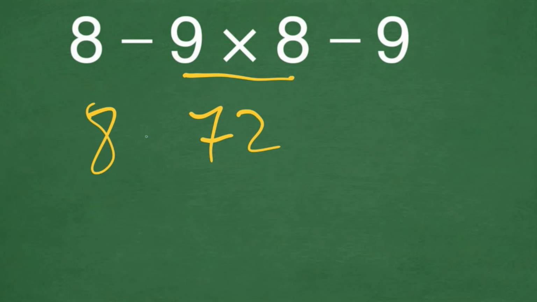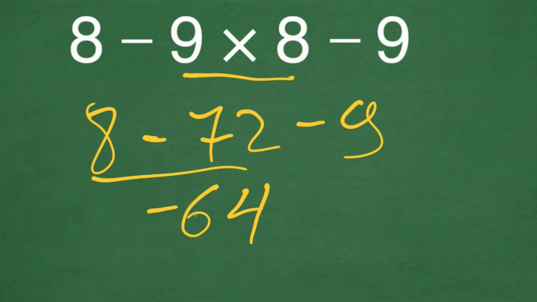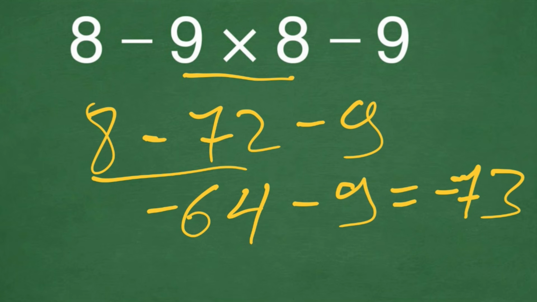So 8 minus 72 minus 9 is going to be the next equation, and 8 minus 72 is equal to negative 64, and negative 64 minus 9 is equal to negative 73. So the final answer to this question is negative 73.